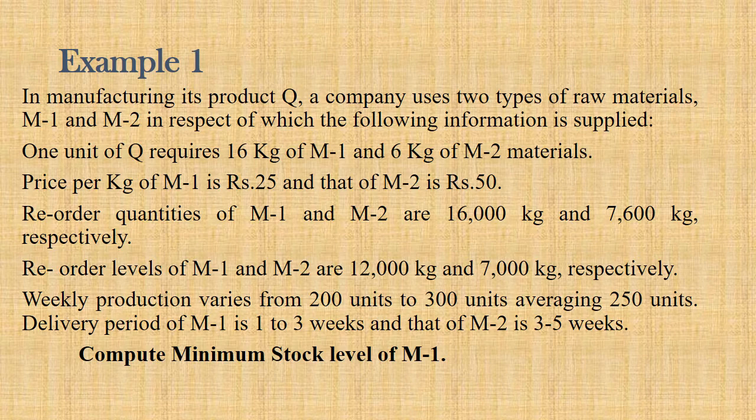And the details of M1 and M2 are given. So we are supposed to calculate the minimum stock level required of M1 to produce the required demand of product Q. So we will look into how we can compute the minimum stock level of M1.